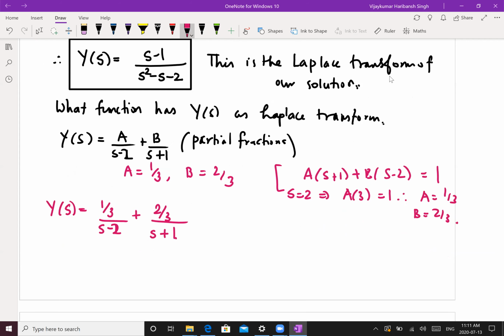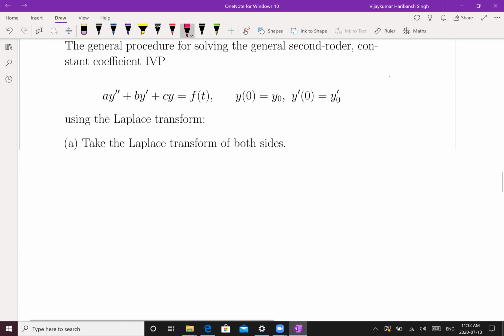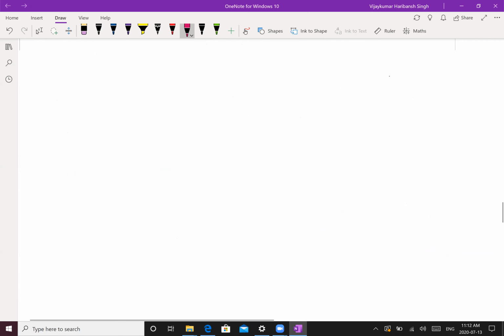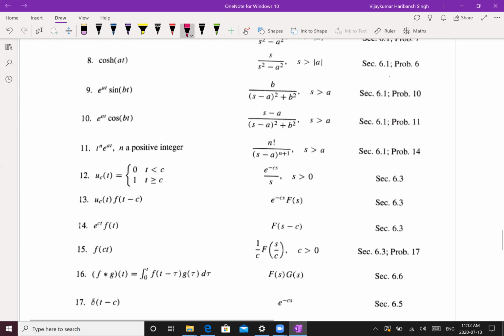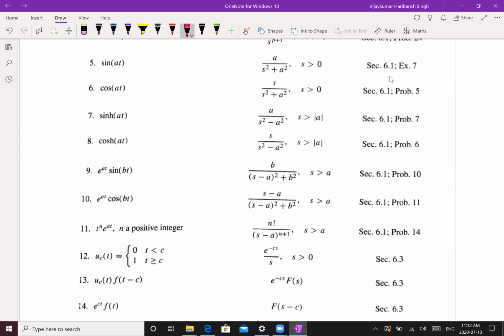Now you want to identify Y(s). Because of linearity, this is the Laplace transform of some function. So what is that function? You need to find out. Notice the following: if you inspect here, what function gives me the Laplace transform of 1 over (s minus 2)?